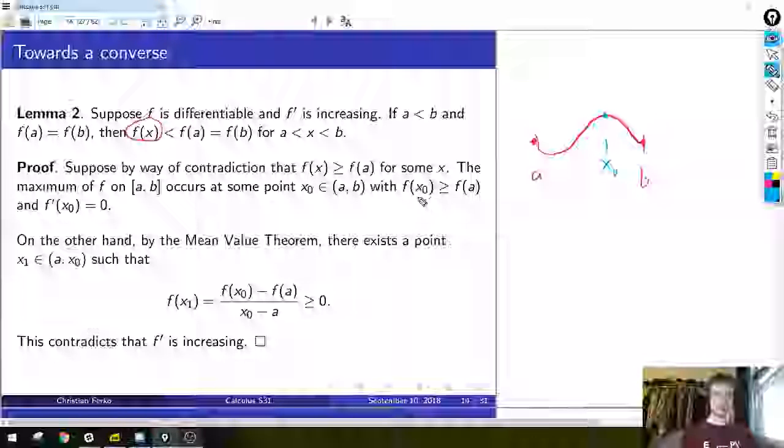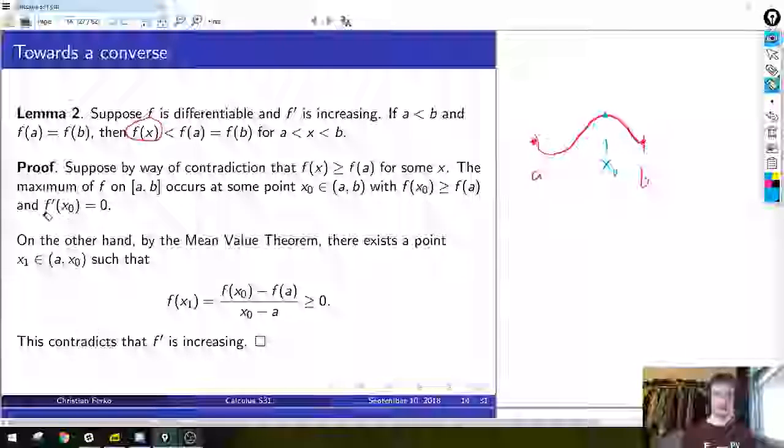And since there is some value f of x which is greater than f of a, then this maximum point, x0, must necessarily have a function output which is also larger than f of a. Right? Because by definition the max is greater than or equal to its value everywhere else, but we've said that there's one point which is greater than f of a. So the x0 output has to also be larger than its value at the endpoint.